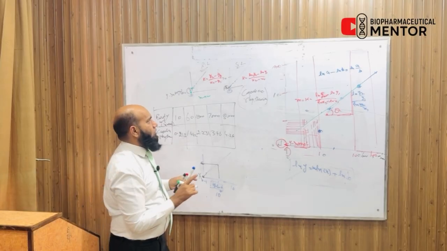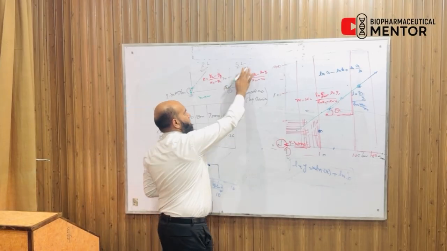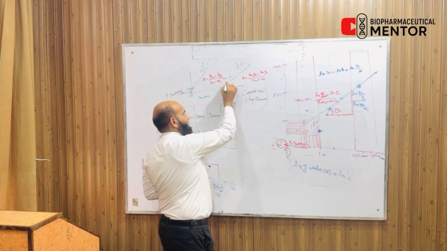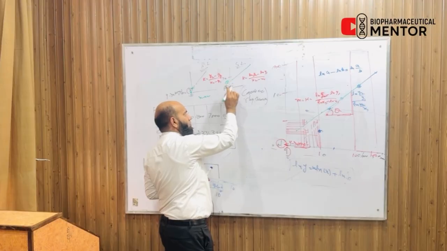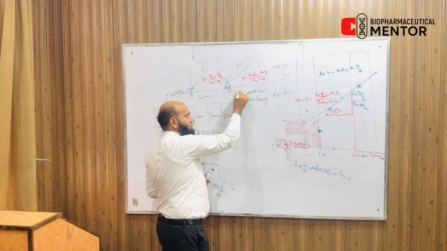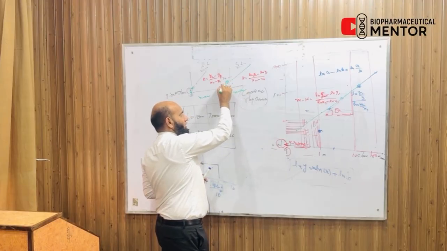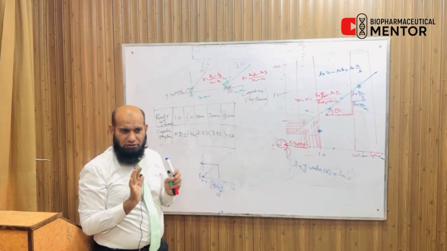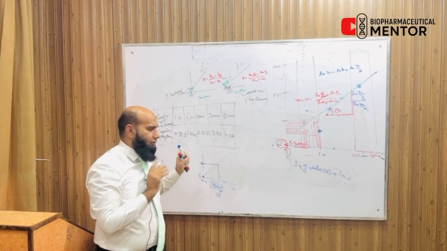But in case of semi-log, at 0, for example, this profile is this way, here is 1, we can say here is 5. So at 0 on the x-axis, the value on the y-axis, which is 5, is the y-intercept. I guess this concept is clear till now.